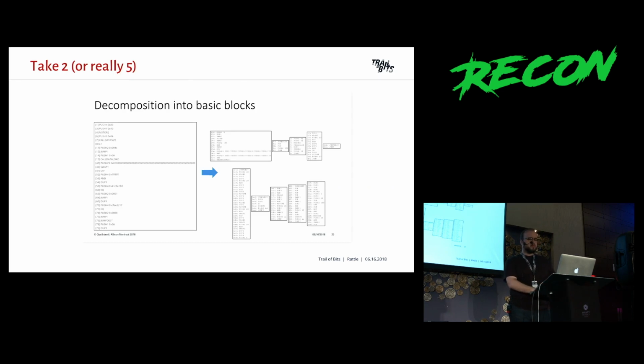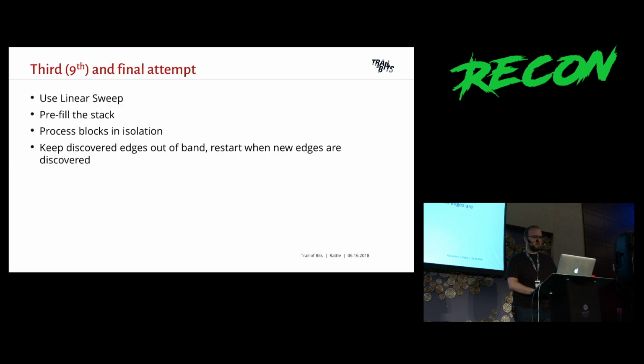But we still have the same problem, because I'm still trying to resolve blocks with values up their scope chain. So then I have this third/ninth and final attempt: I discovered that the maximum stack size is 32 entries.